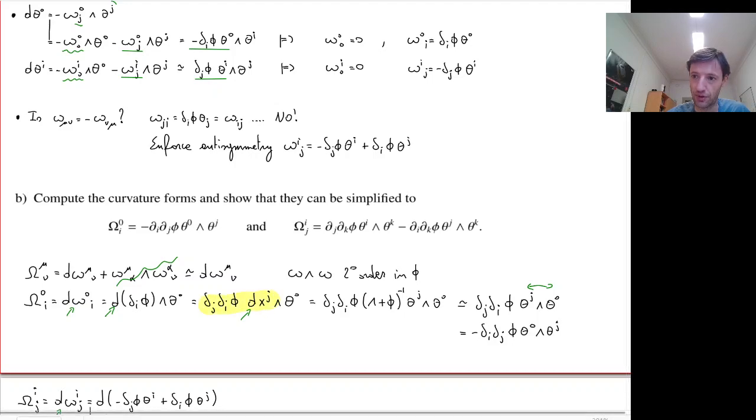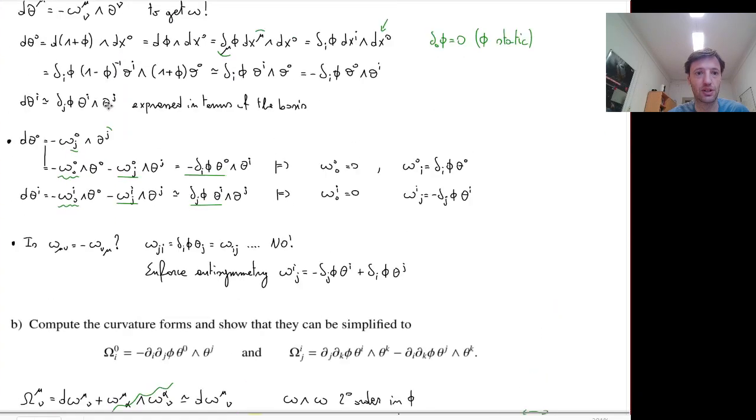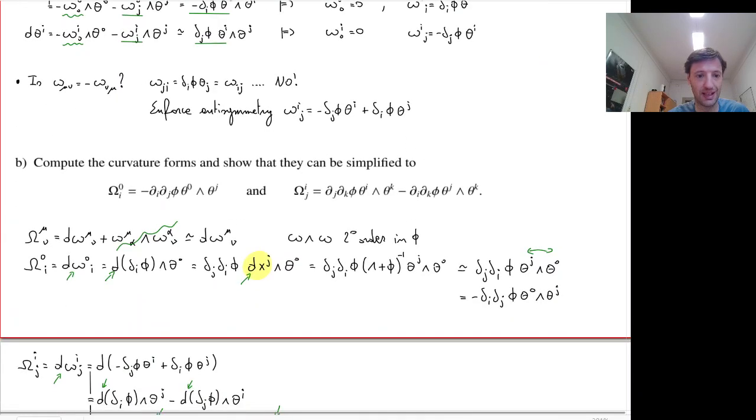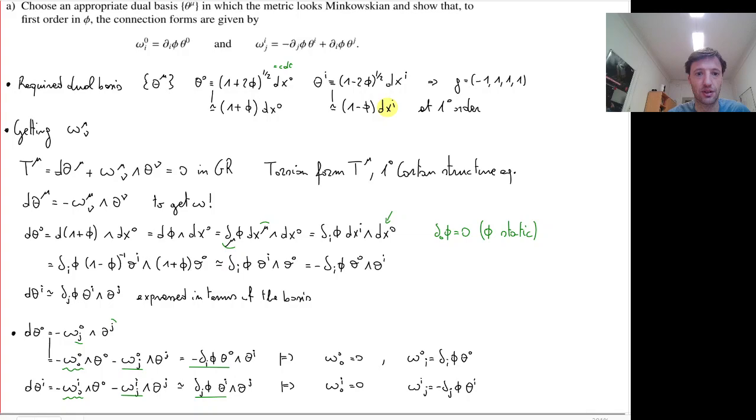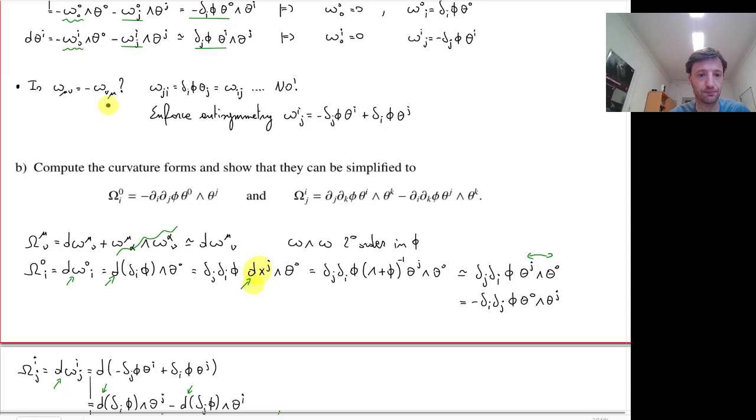Then, as we did already for the two-sphere, we express this dx in terms of the dual basis, simply, see, we need the dx j, so the space component, that is this one. You see, dx e, and we get our theta e. So we plug this expression into here, obtaining that. Okay?